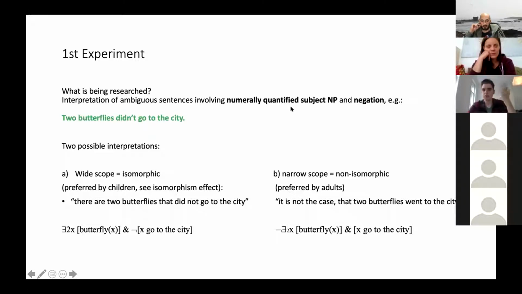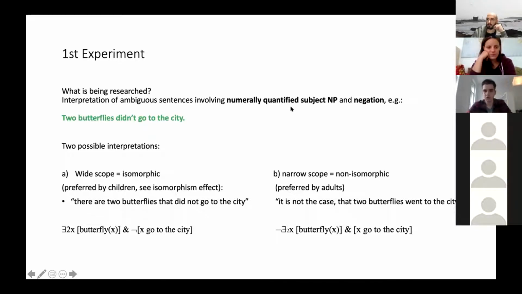This sentence has 2 possible interpretations, just as we saw in other experiments discussed in earlier lectures. One is where the indefinite 2 butterflies takes scope over the negation.